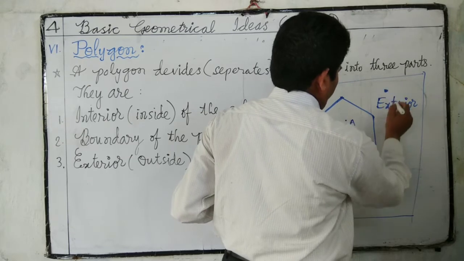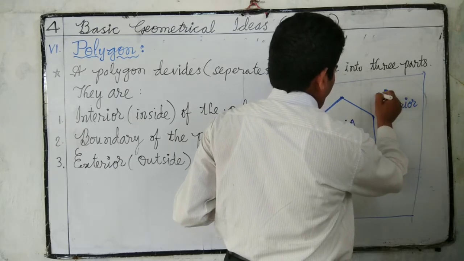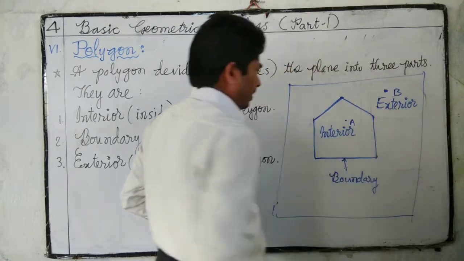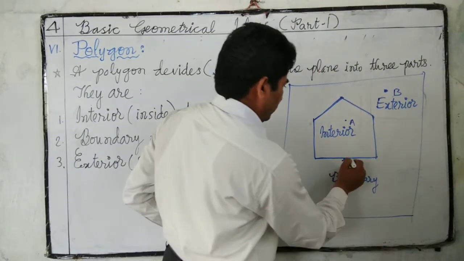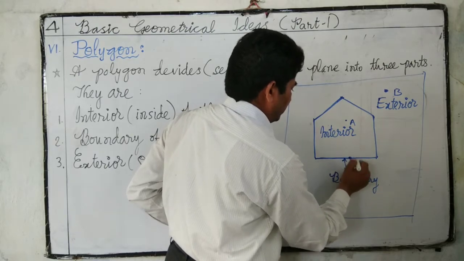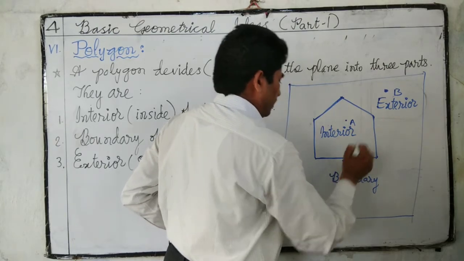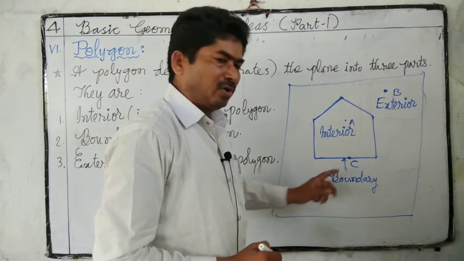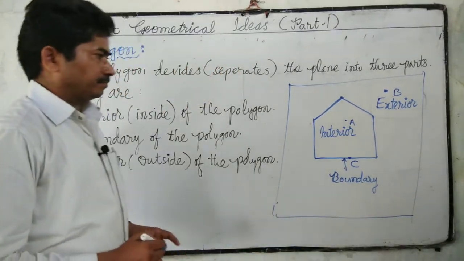Here is a point B, in the exterior of the polygon. Here is a point C, which belongs to the boundary of the polygon.